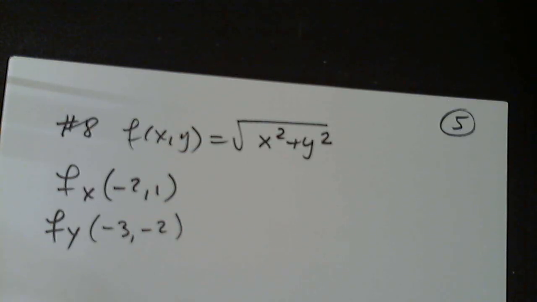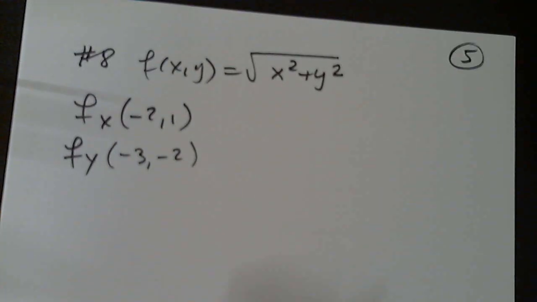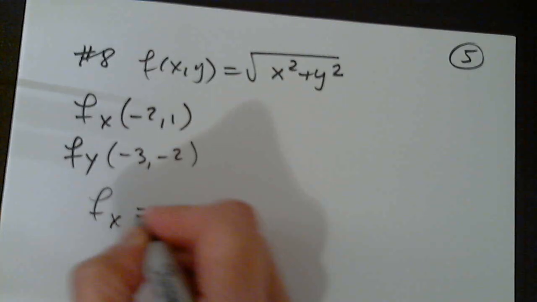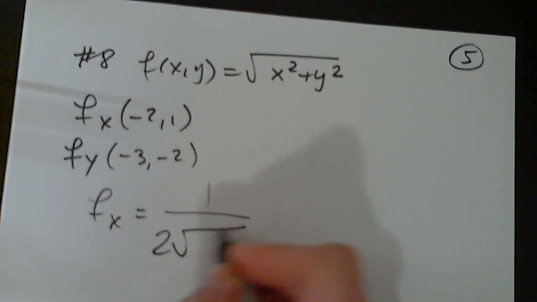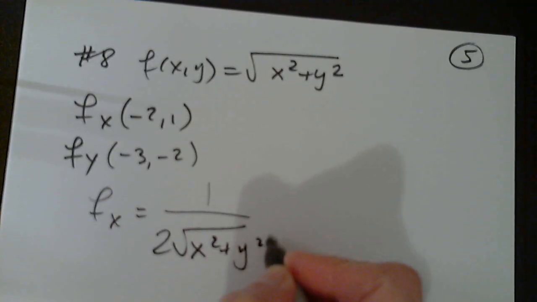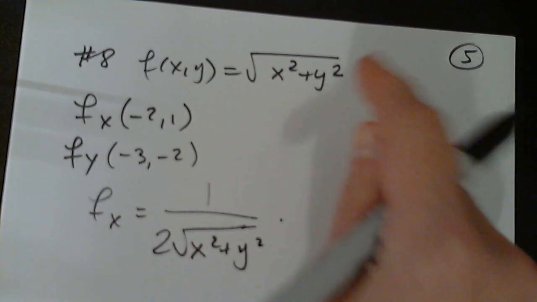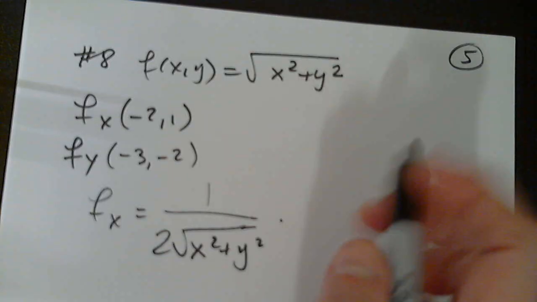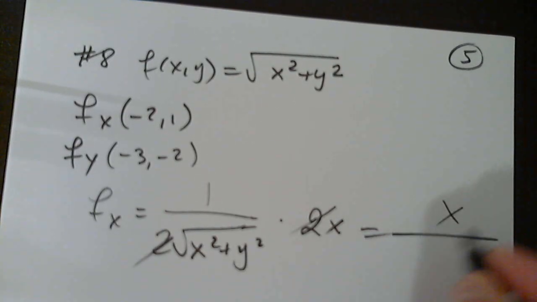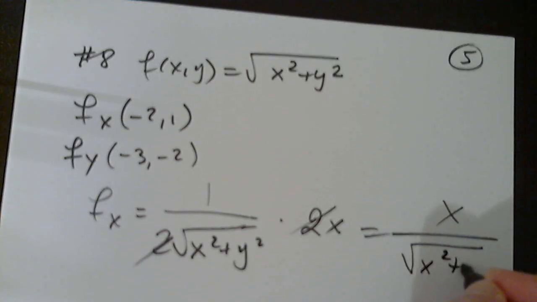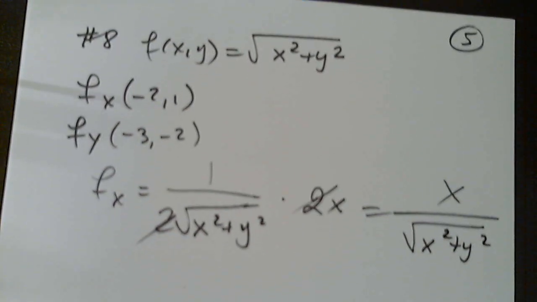So let's find fx and then evaluate it, and then find fy and evaluate it. When we find fx, we differentiate with respect to x only and keep y fixed. So fx will be the square root prime, 1/2 the square root of x squared plus y squared, times the inner function prime only with respect to x. I simplify, so I get x over the square root of x squared plus y squared.